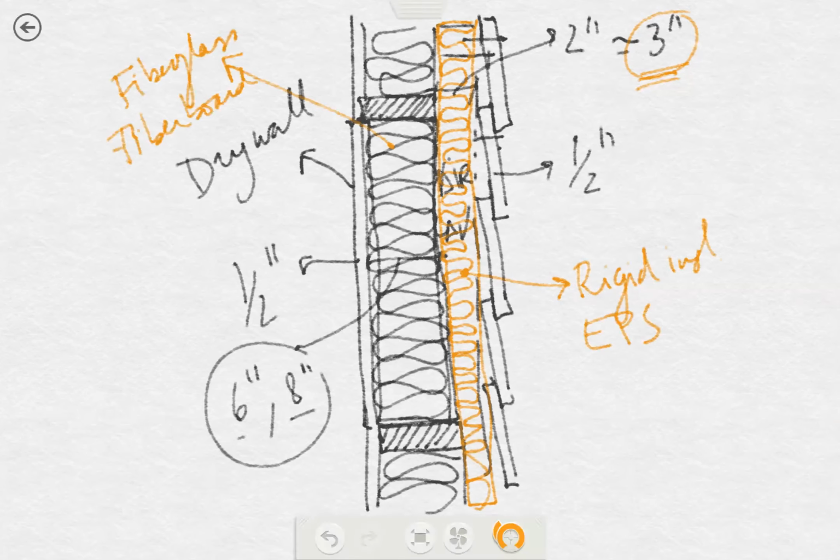Okay, so I think this is a good option for this kind of walls. And I think that the Venturi's house is a traditional New England house, and most likely it will be something like that.